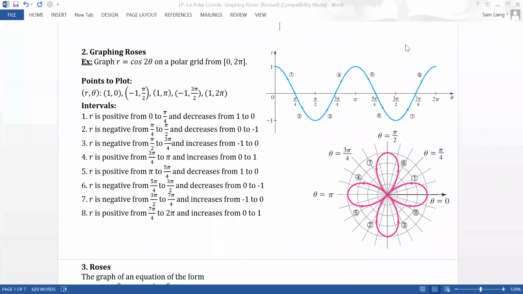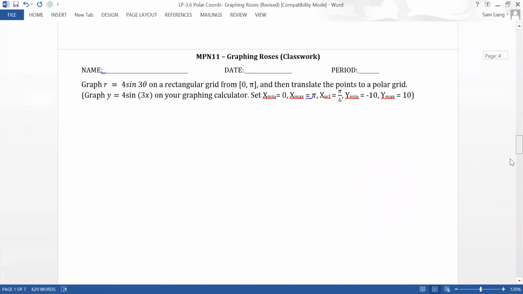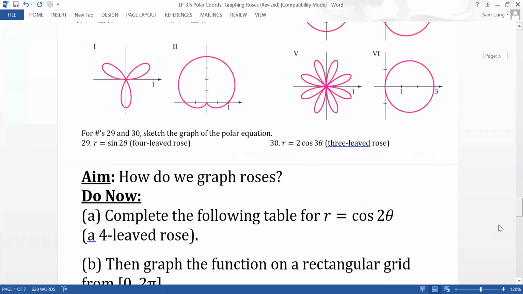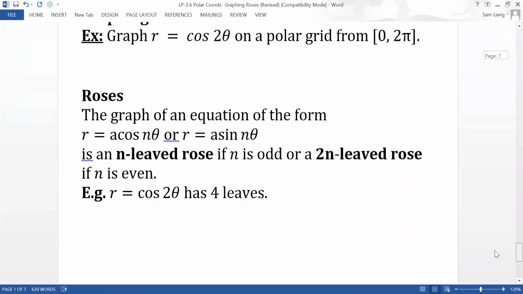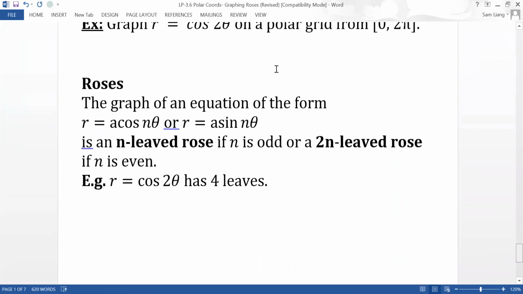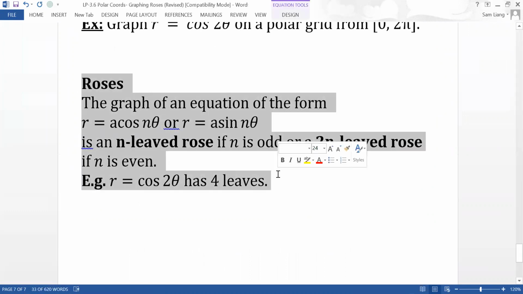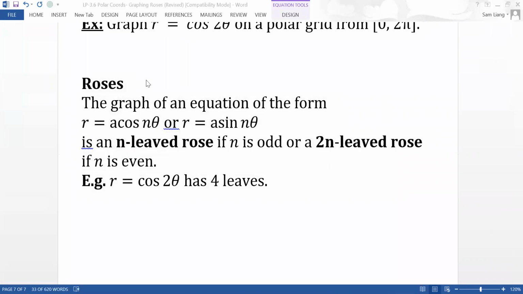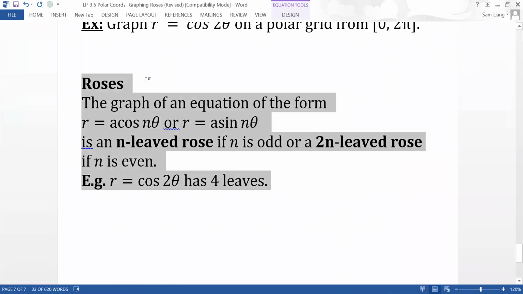Okay, next is the notes on summarizing roses. That was, up there is the example. But can someone read this slide for us right here? The roses.